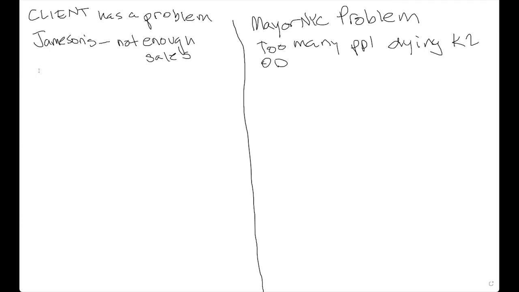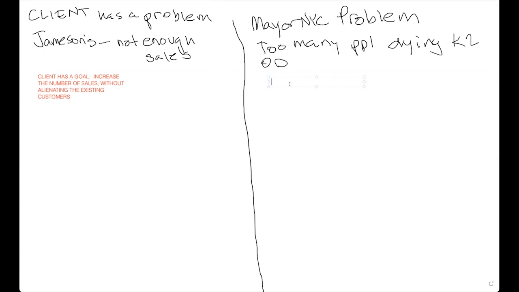The client has a problem and the client has a goal. For Jameson's, that goal was very particular. It was increase the number of sales without alienating the existing customers.